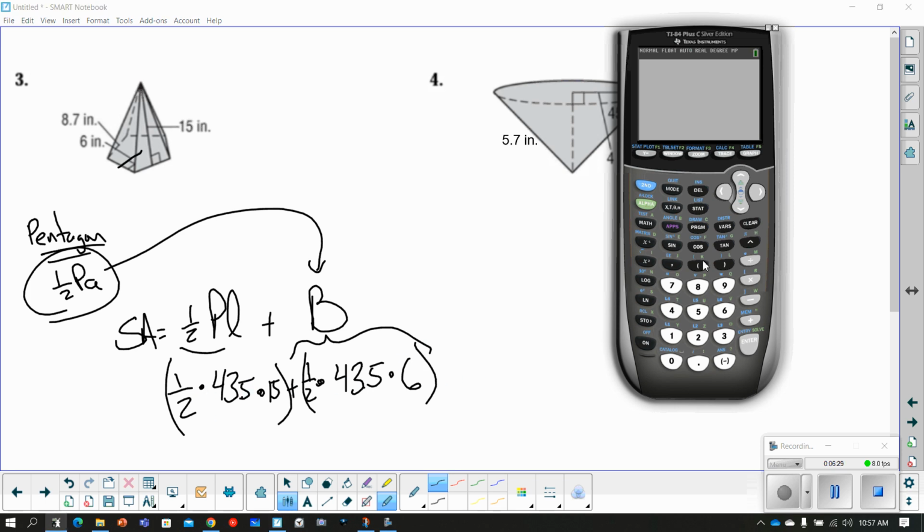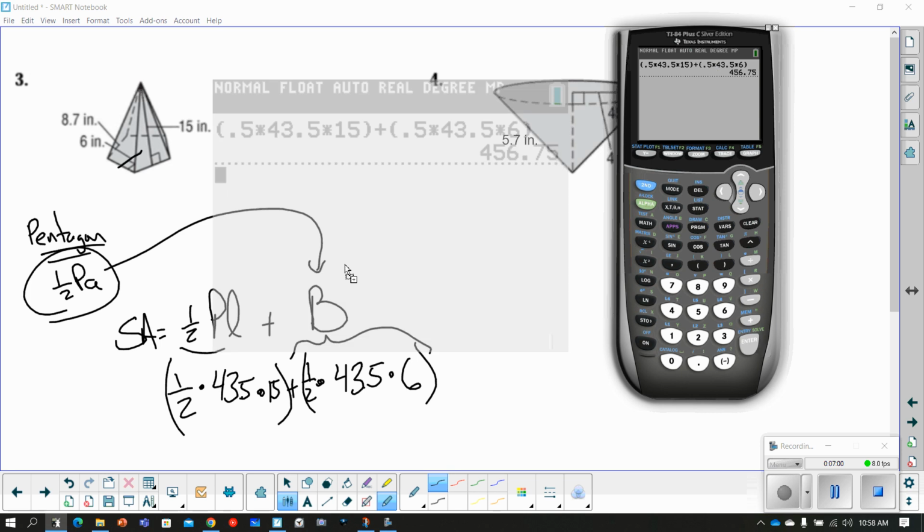So we've got parenthesis, 1/2 times 43.5 times 15. Close that parenthesis up, plus, parenthesis again, 1/2 times 43.5 times 6. Close that parenthesis up, enter.